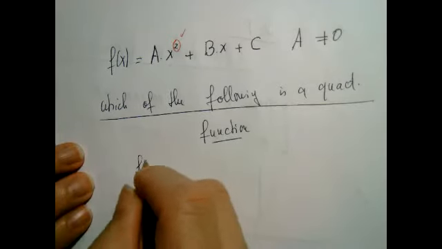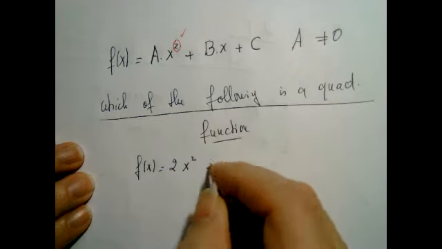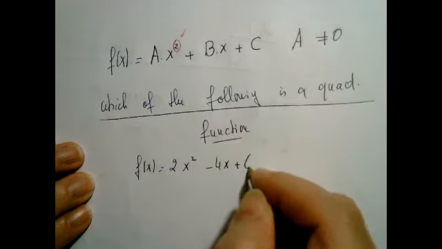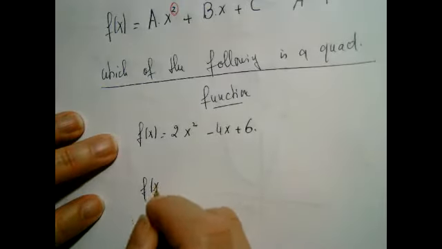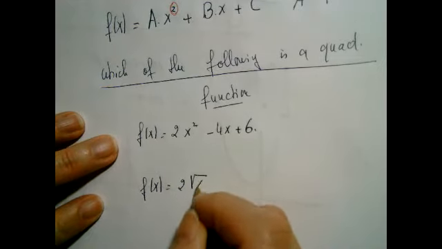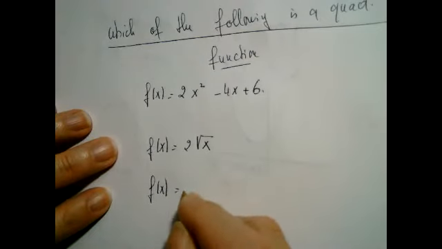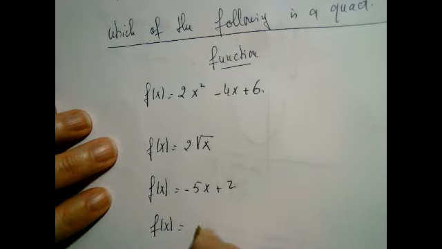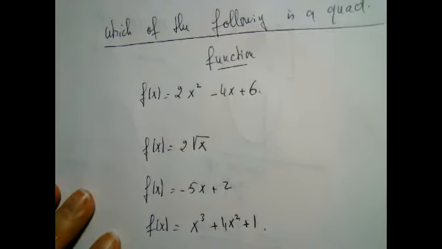Let's say f of x equals 2x squared minus 4x plus 6, f of x equals 2 square root of x, f of x equals minus 5x plus 2, and f of x equals x cubed plus 4x squared plus 1. Which one is quadratic? And for those that are quadratic, we want the a, the b, and the c.